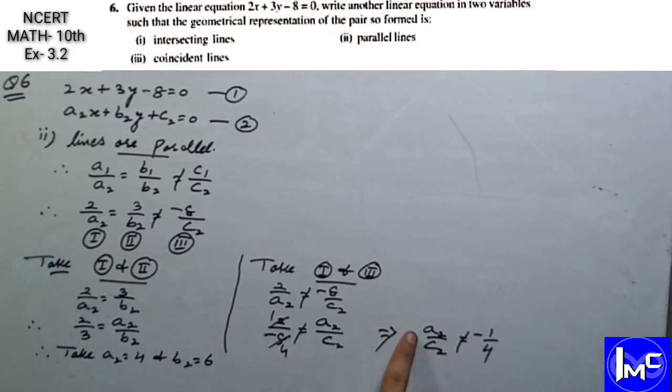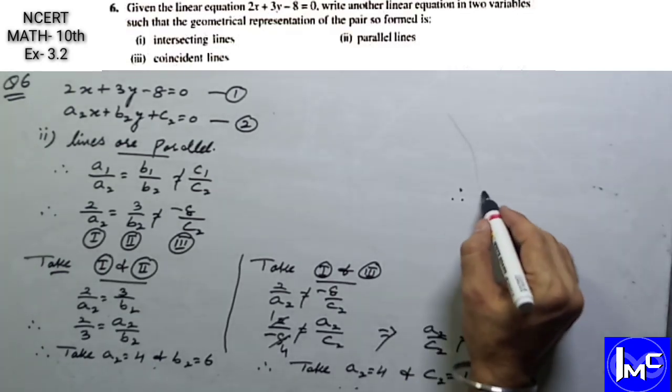Now we will take the values of a2 and c2 such that it will not be equal to -1 by 4. Therefore take a2 as 4, and c2 will be, let us say, 10. Any value you can take, their ratio should not be equal to it.